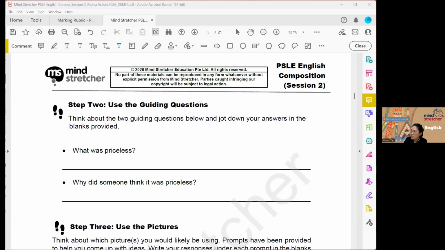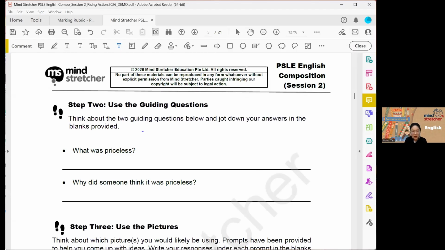Something priceless could be, some of you mentioned family or friends, right? Let me type here. Maybe this friend is the only person who cheers me up. So my friendship with her is so precious. Without her, my life would be cheerless, for example.